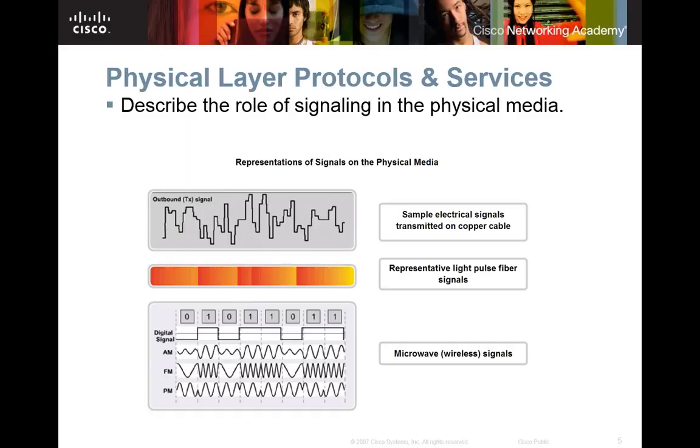That would be a 1 0 1 0 1 1 0 1 0 0 probably. Or you can have the digital signal where it goes just up and down, up and down. If it's up, it's a 1. If it's down, it's off.